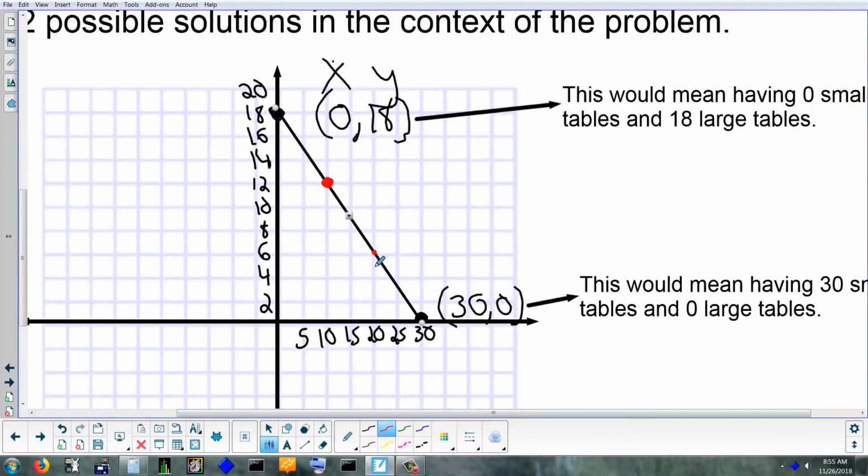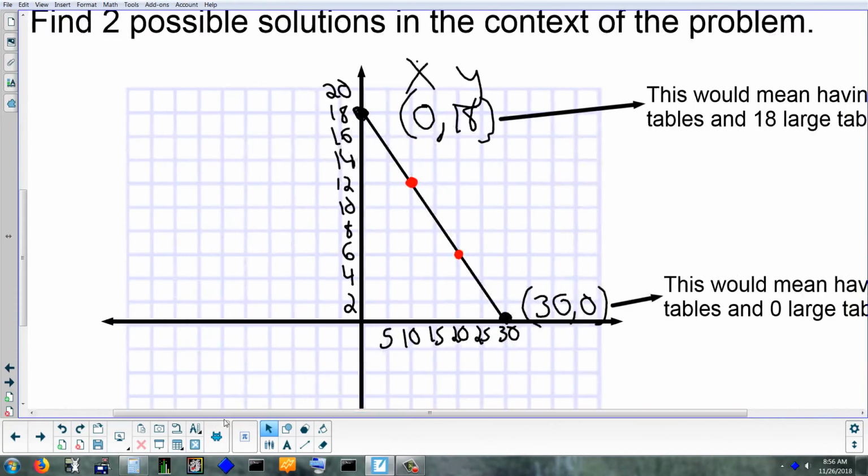I'm looking where it crosses through there perfectly. I'm not going to pick this one because it doesn't go through here or here perfectly. I'm looking for where it makes a little X with the little grids. I want to find a couple that go through perfectly. It's going to make it easier to figure out the coordinate.